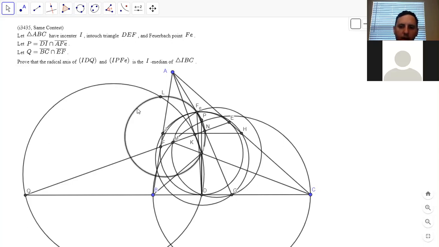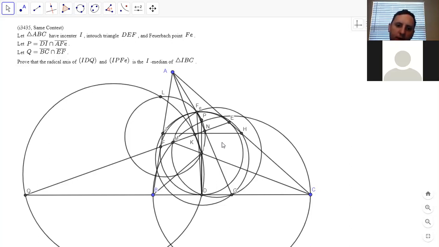And then did you say that you think the inverse of FE lies on EF by the Iran lemma? Yeah. Okay. So we just have to show that it still lies on a circle. Yeah.